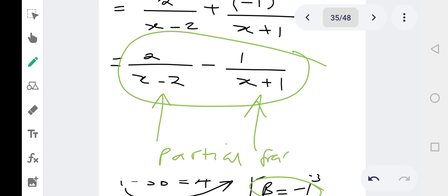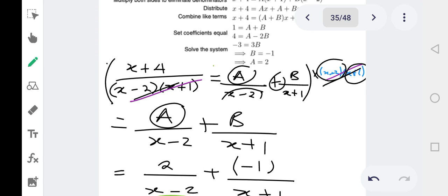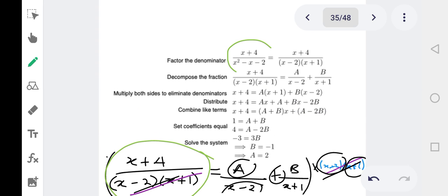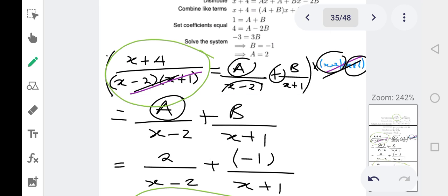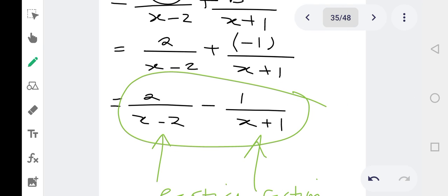Partial fractions of which fraction? Of this rational fraction, this one. So when you break down this one, you are going to get these two partial fractions, 2 over x minus 2 minus 1 over x plus 1.